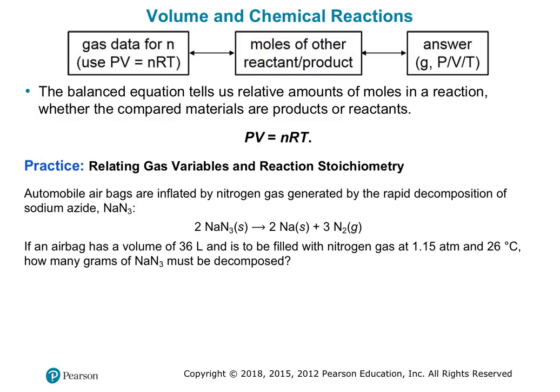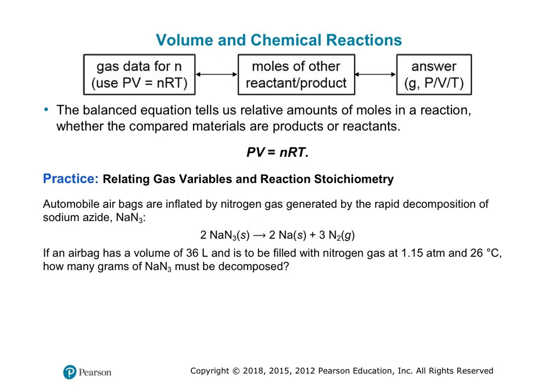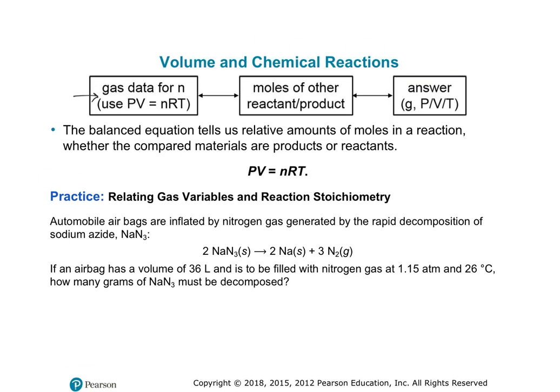The last thing we can do with the ideal gas law is go between, we can use stoichiometry. So we can use gas data to find out how many moles of gas we have in a chemical reaction, right? So I could have A plus B goes to C, and they're all gases. Let's say I have 2C.